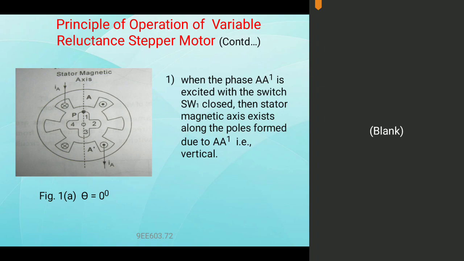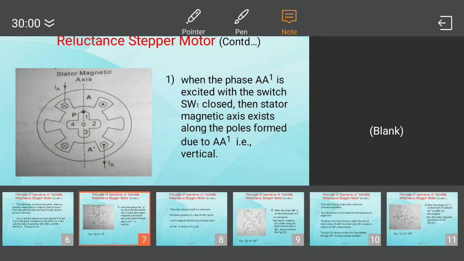So the stator magnetic axis exists along the poles formed here, 1 and 3, along the stator axis, at theta is equal to 0 degrees.